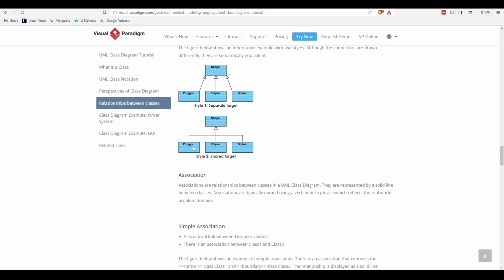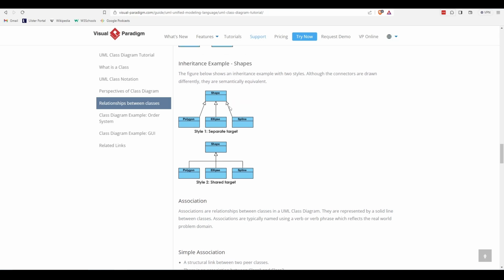Sometimes this will be nicer and tidier, but sometimes you're not so lucky to get all of your classes that are inherited directly from a base class directly beside each other. So that's why this is allowed. Each one of them can have their own direct link back to the parent class. So that's inheritance. Pretty easy, just a solid line with a hollow arrow pointing up to the parent class.